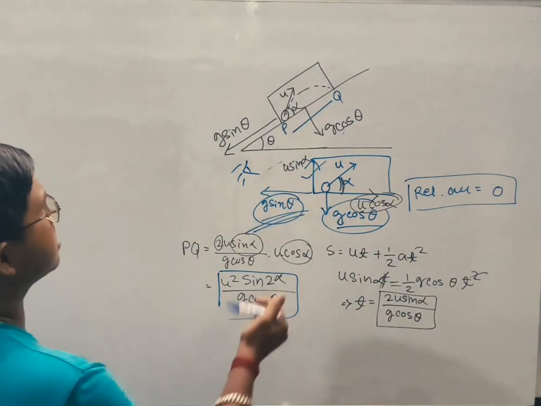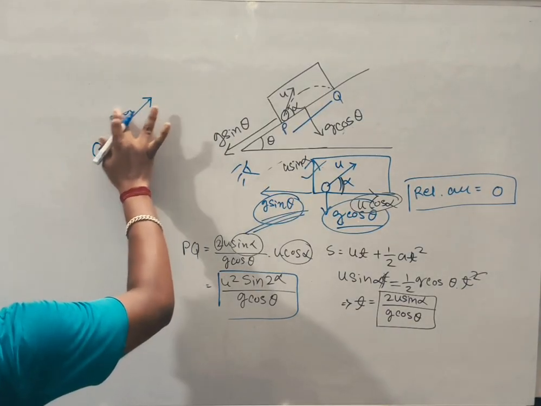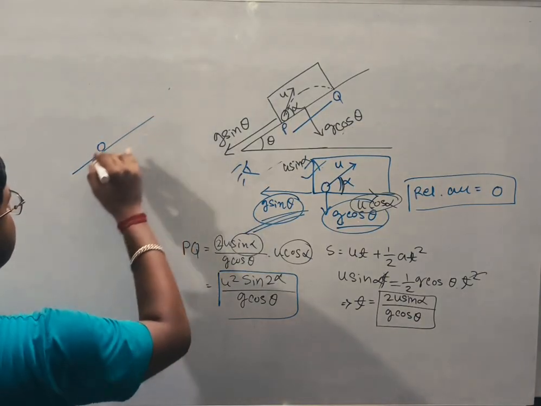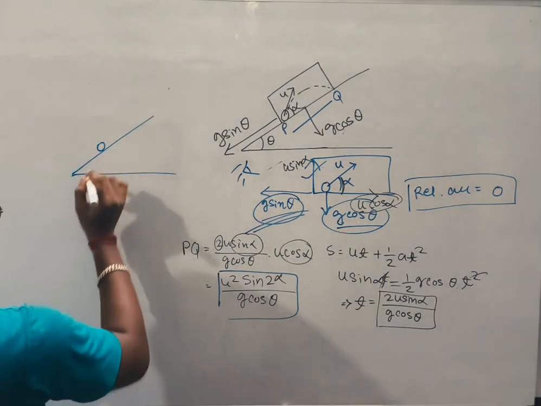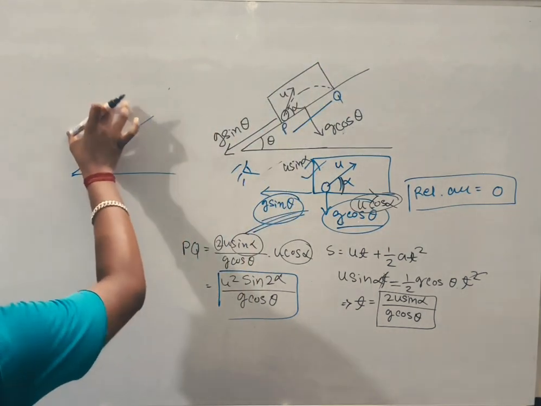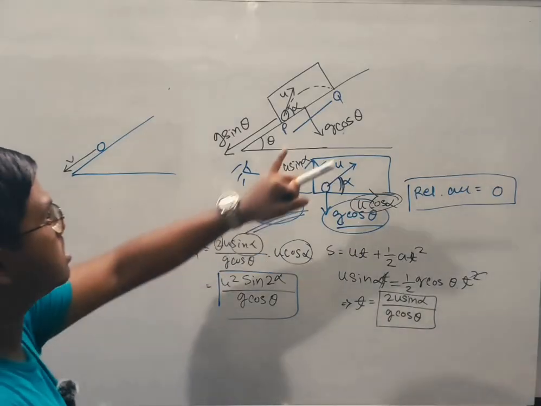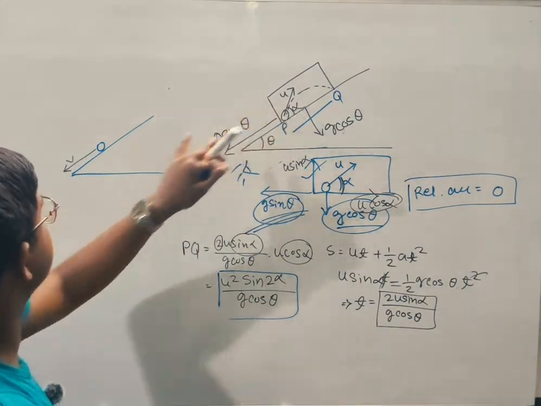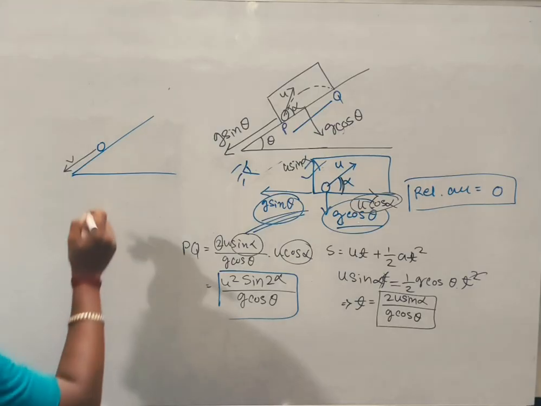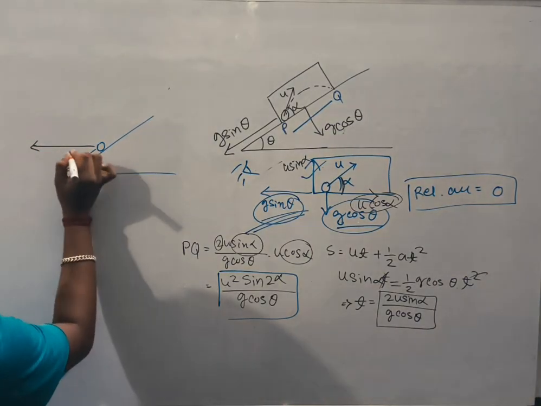If we look at the structure again, this is the initial velocity, which we don't need. The ball is falling like that. We have not drawn the box. The ball has a velocity v in this direction, because the ball is falling in this direction. The velocity is v, and the angle is theta.